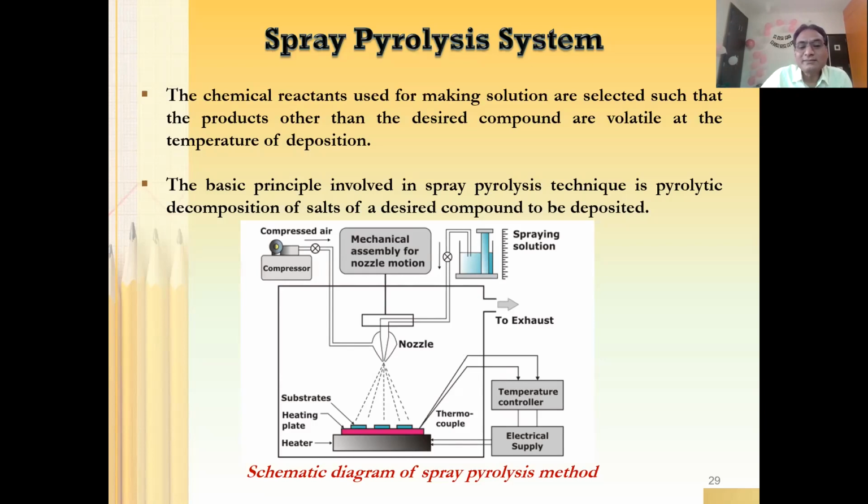Okay, and then this is going to be controlled by a mechanical assembly. We call it a mechanical assembly for nozzle motion, right? This will help us to move the nozzle along the surface of the substrate.